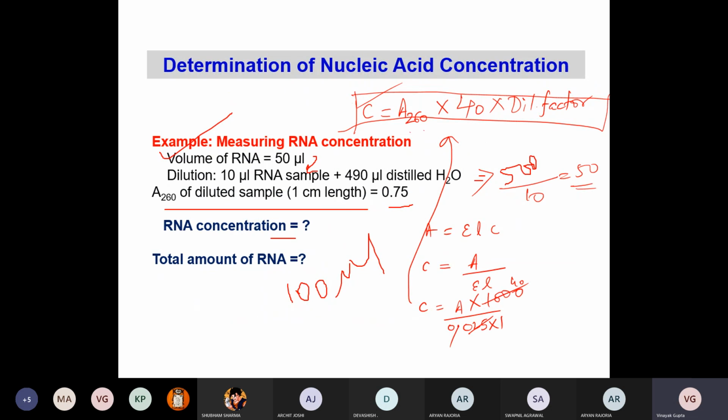So now can you tell me what is going to be the general formula? This is the formula: C is equal to A260 into 40 into dilution factor. It is the formula for RNA. So similarly, can you derive what should be the formula for DNA?